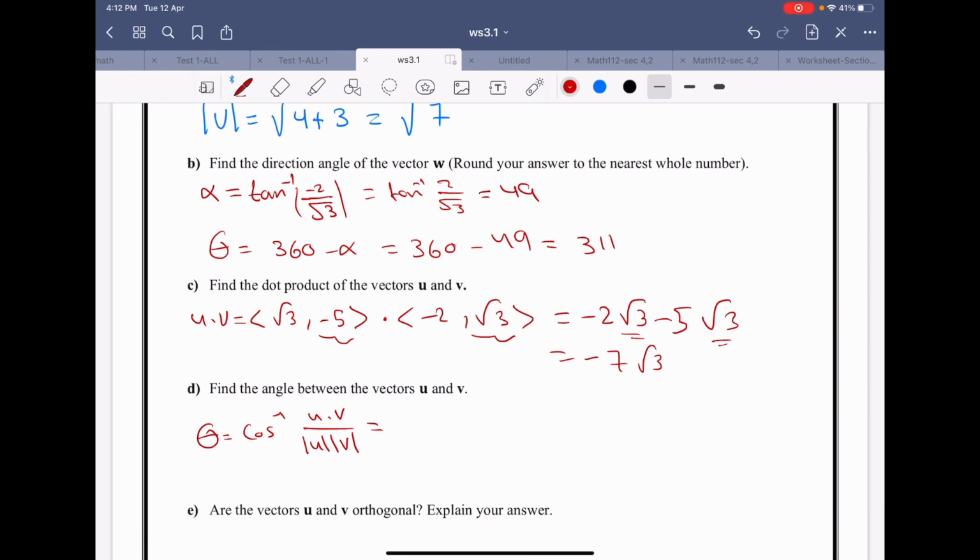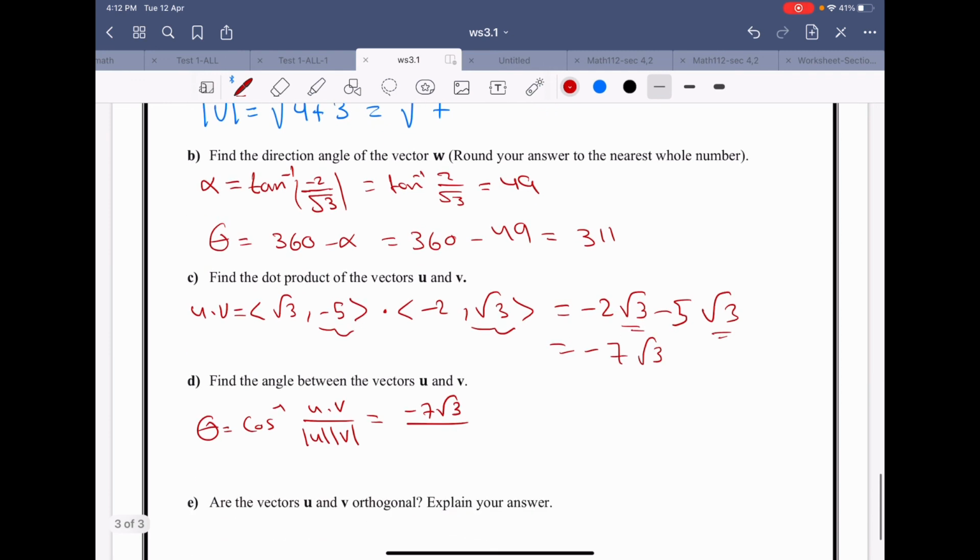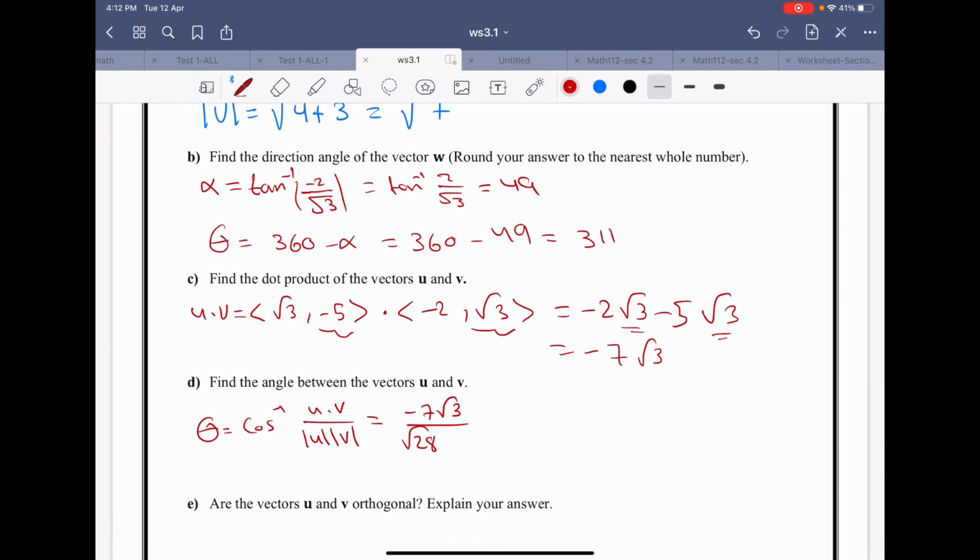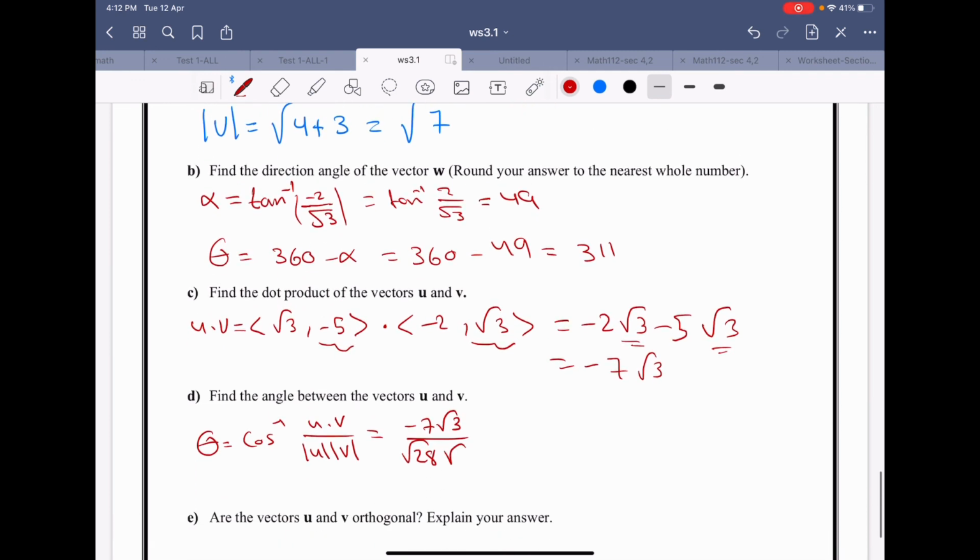U dot V is negative 7 root 3, the magnitude of U is root 28, and the magnitude of V is root 7. Of course, this is the cosine inverse of this value, and then we can calculate this easily.